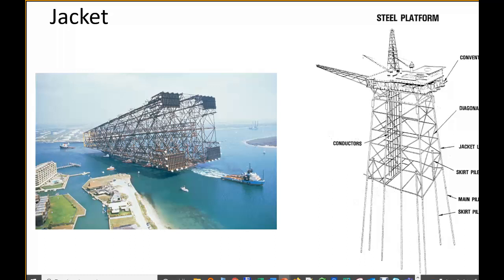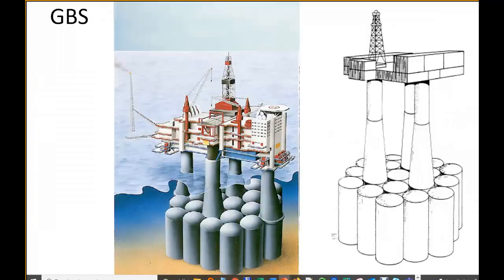You identify it very quickly because you see all the legs and a big concentration of pipes, and that's where the wells are coming up. You also have this diagonal bracing, which is supposed to make the structure more rigid and give it higher resistance.